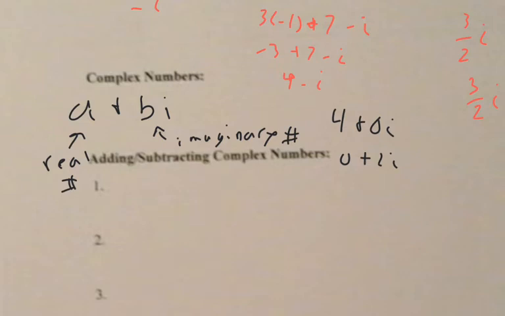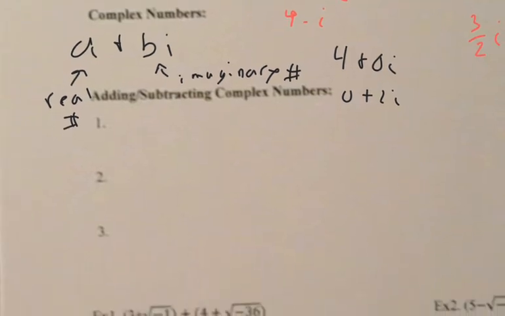Alright, so let's look at adding and subtracting complex numbers. Our first step, we're going to change our radical -1 to i. Our second step is to simplify the radicals.